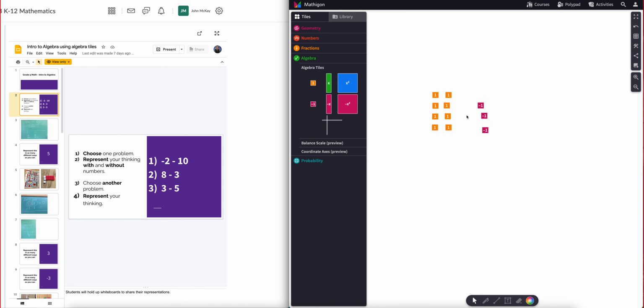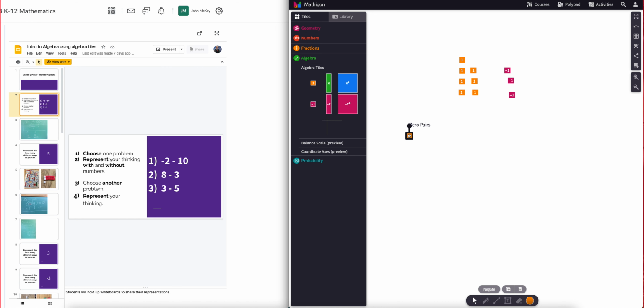Then you're going to say, okay, we're going to create these things called zero pairs. Well, what are zero pairs? Zero pairs are pairs that, when the tiles combine, work out to be a 0.